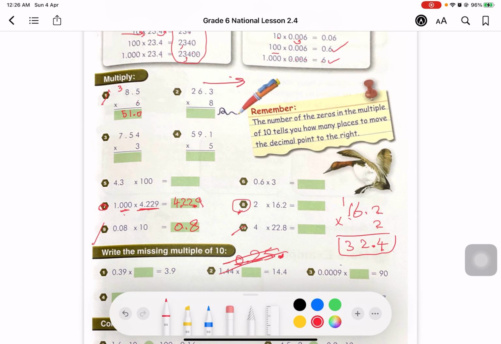When I say multiply by 10, your decimal will move to the right one step. So your answer will be 0.8. Please, grade 6, solve from 1 until 10 the questions we didn't solve.